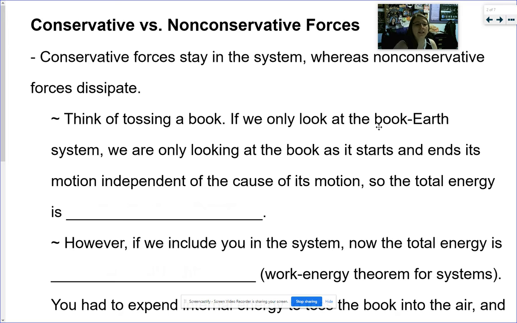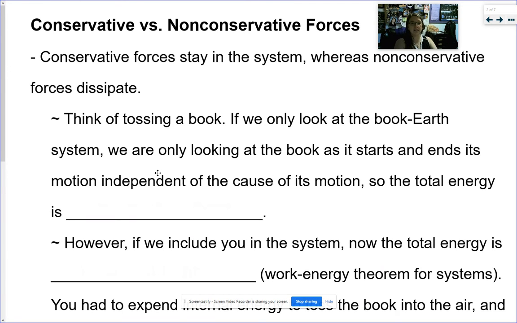Now, if we only look at the book-earth system, what that means is I'm taking my hand out of the equation. I'm pretending this book is literally going up and down, like magically, like a ghost is doing it, yeah? We are only looking at the book as it starts and ends motion, independent of the cause.